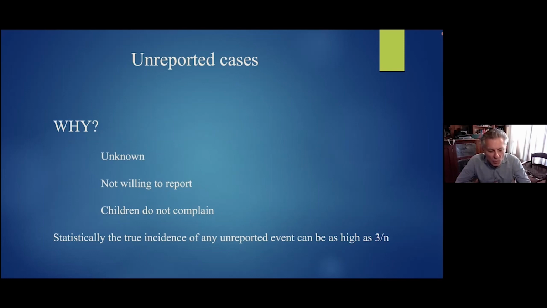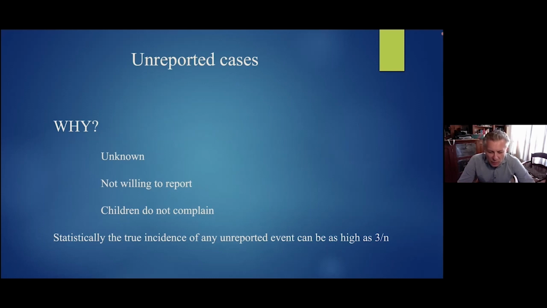So in most cases it is unknown. Some physicians are not willing to report that they injected intraneurally. And if we inject intraneurally in children with a mild neuropathy, we don't know because they do not complain. So we actually have no idea of the unreported cases.